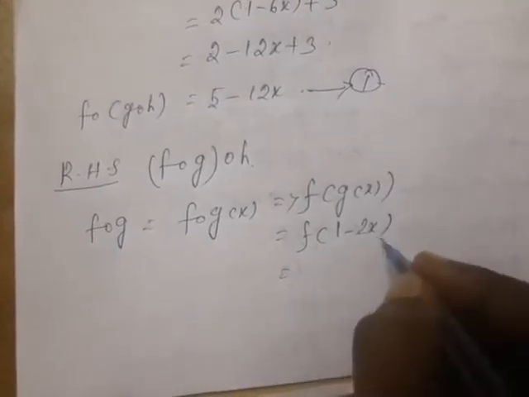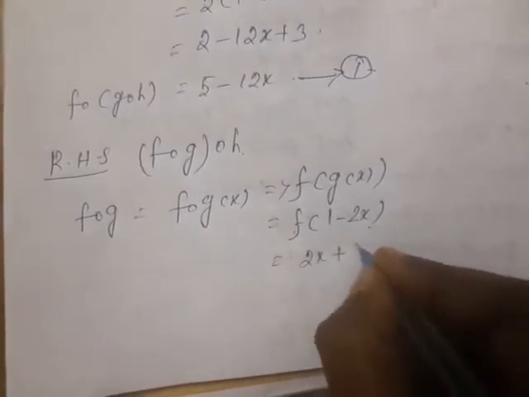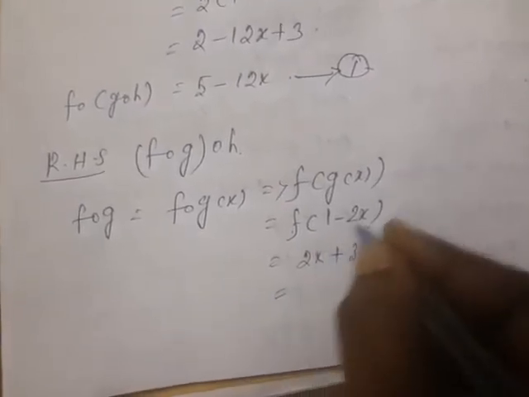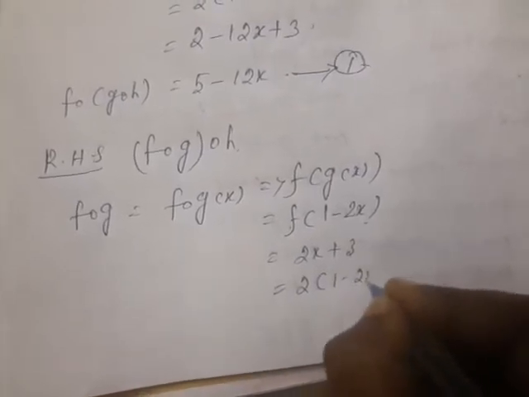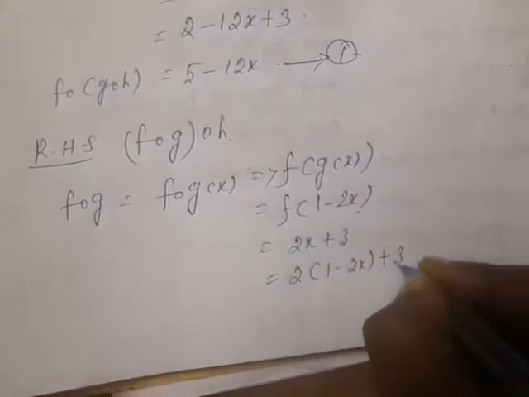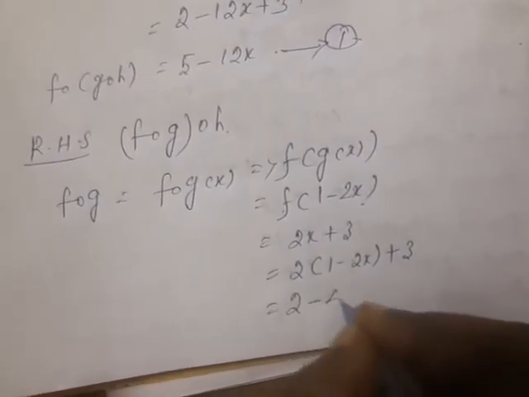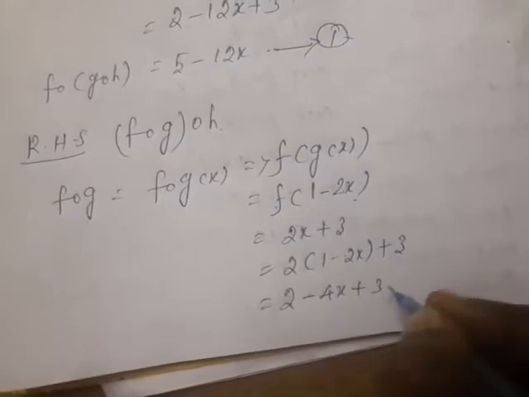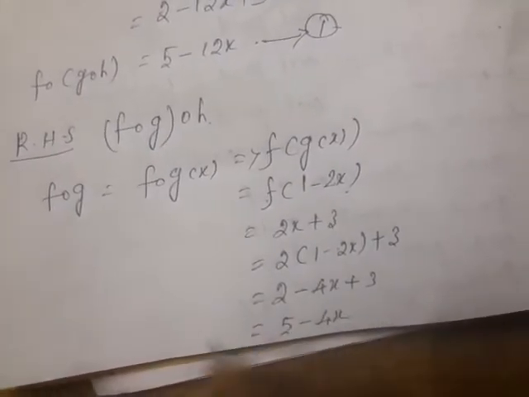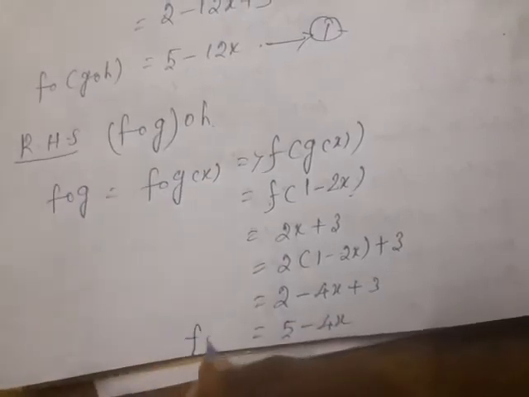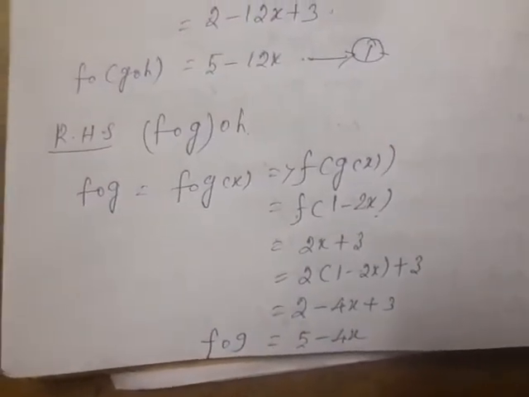F of x is 2x plus 3, so instead of x I substitute 1 minus 2x. 2 into (1 minus 2x), and the 3 you have to write. Multiply inside: 2 minus 4x plus 3, which is 5 minus 4x. This is f composite g. We found f composite g.